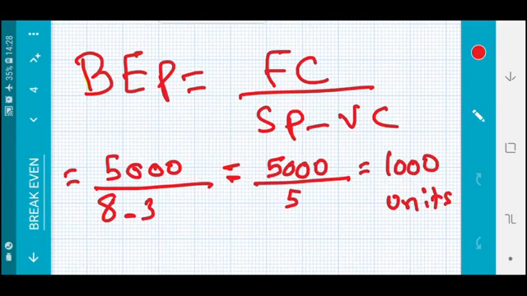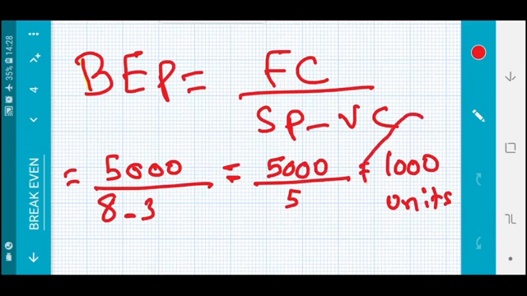It's a rule that can tell you immediately the break-even point, so there is no need to draw a table. It will take 1 minute to finish everything once you use this rule. So here, the break-even point, as I know, is the fixed cost divided by contribution, or selling price minus variable cost. So the fixed cost given, 5,000, divided by 8 minus 3, equals 1,000 units.